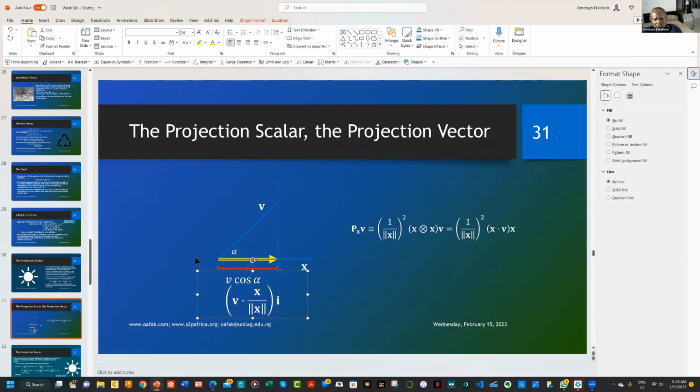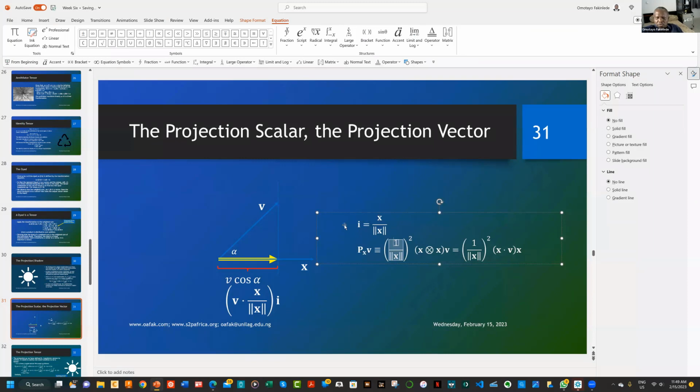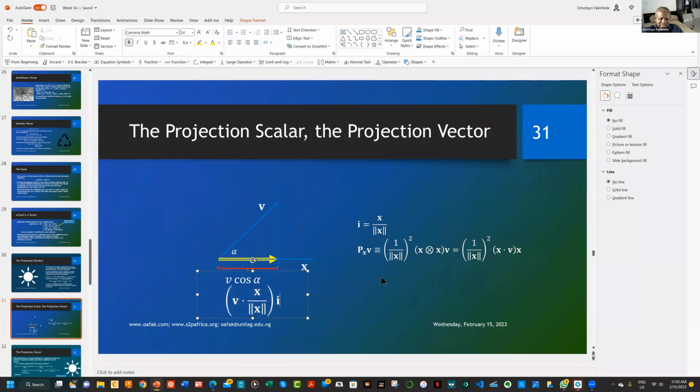That's the unit vector on this line. Do you agree with me that I there? Do you agree that the unit vector along this direction is simply x divided by the modulus of x? So that I can therefore say that this is equal to this.